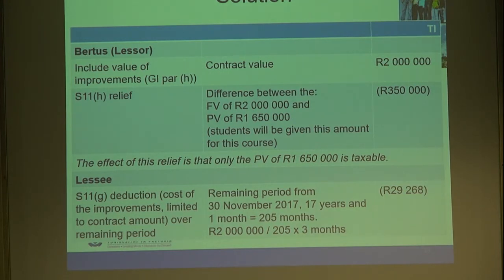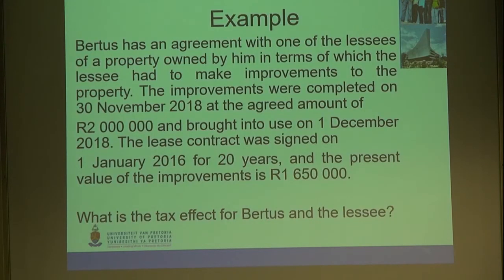Let's speak about it from the hands of the lessee. Now this one gets a little bit more difficult because the lessee, let's just go back to the facts of this question. And let's just draw ourselves a little picture here of what is happening.